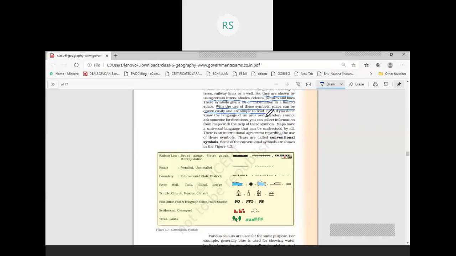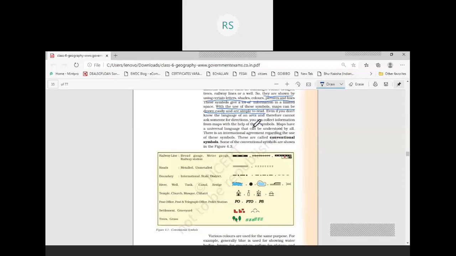Okay, so in a map we don't need a particular language, Hindi or English or Tamil or Malayalam or Kannada. No language is required in a map. Everywhere a map can be read. Anyone can understand the map, anyone can read the map without the knowledge of language.